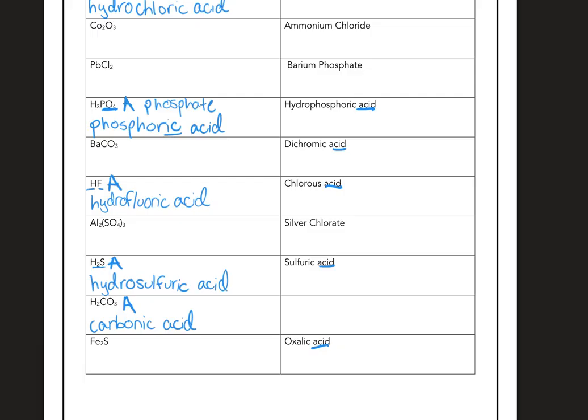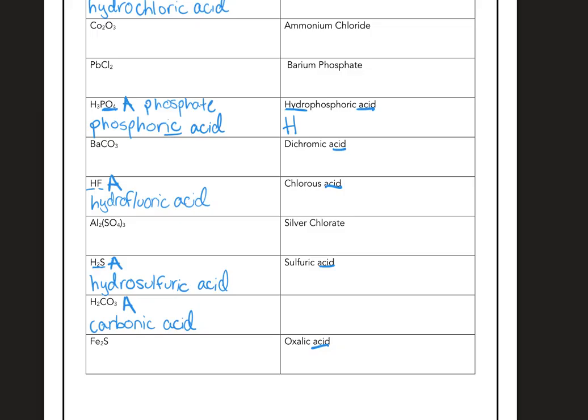Okay, so those are naming my acids, and then going from name to formula is the right-hand column. So this one is, you're kind of working backwards, all right? So you know, because they end in acid, you know that they are all going to start with a hydrogen, all right? So they're all gonna start with a hydrogen. So I'm gonna do hydrophosphoric acid first. So I know I'm gonna start with an H. Because I start with hydro in this name, I'm going to look at my main periodic table because it is a binary acid.